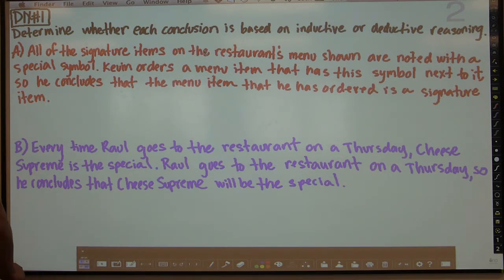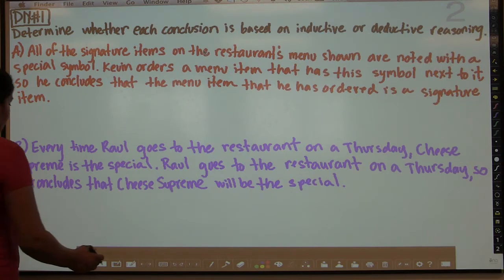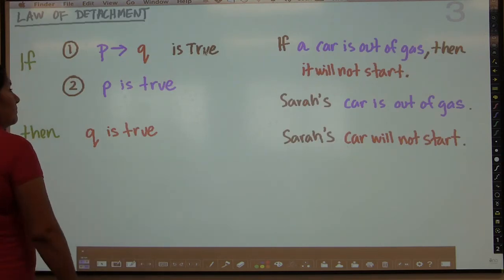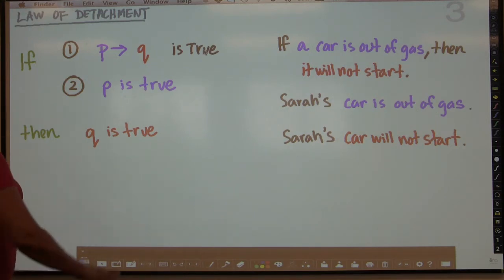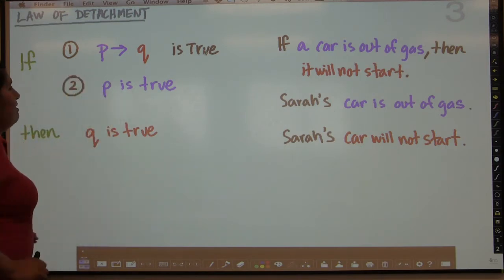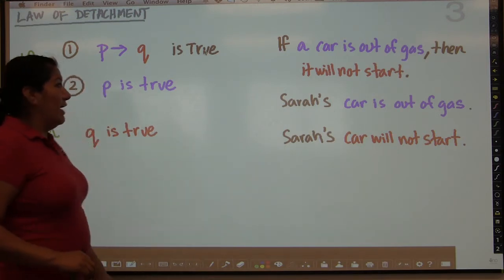Now, the next thing we want to talk about is we said earlier that deductive reasoning requires using rules and facts and that kind of thing. We have two main rules, if you will, laws for deductive reasoning, and the first one is this one here, law of detachment. And what I have done is made kind of like what the rule is here on the left, and then provided you with an example off to the right.